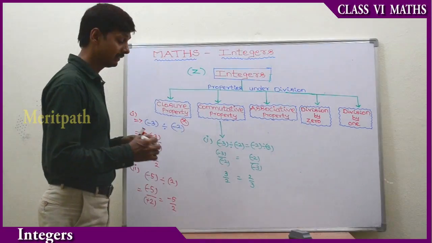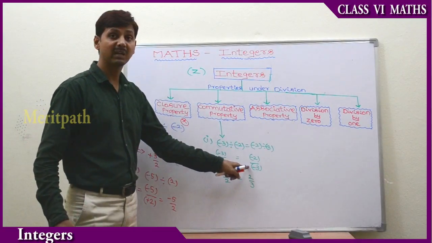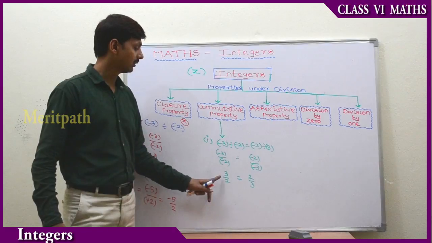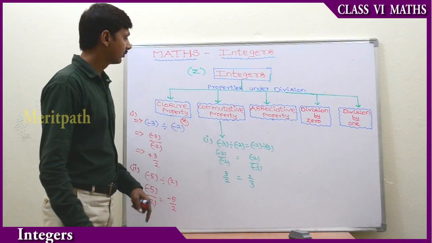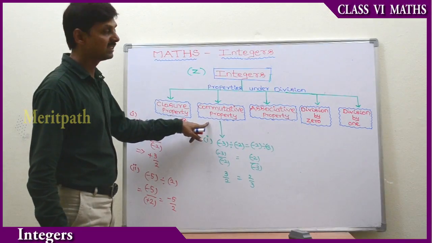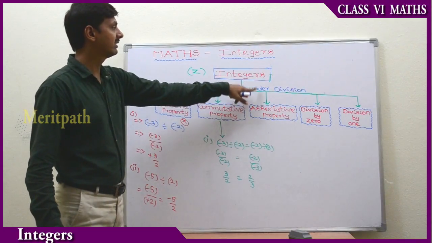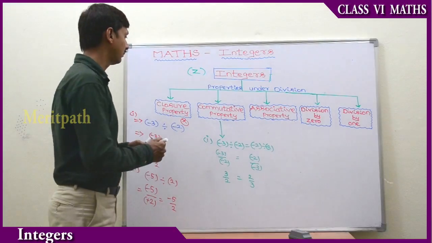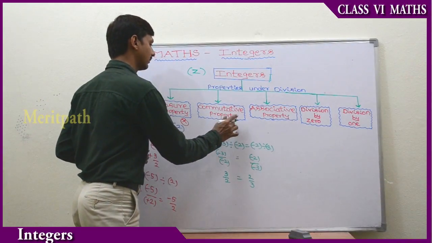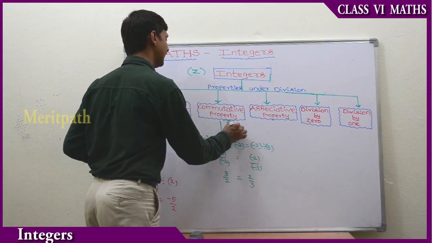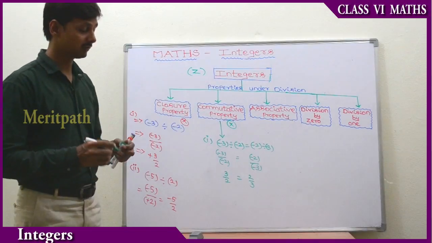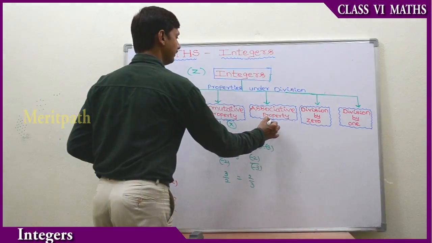So it is also plus because minus divided by minus we get a plus symbol. So is 3 by 2 equal to 2 by 3? It's not possible. So the commutative property under division over integers is not applicable. Similarly, we can say that the associative property is also not applicable to division.